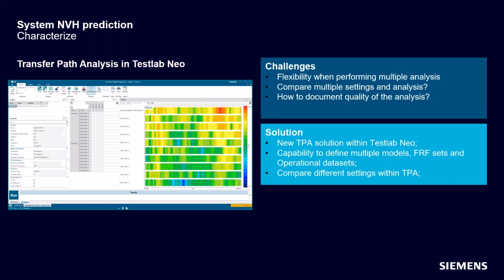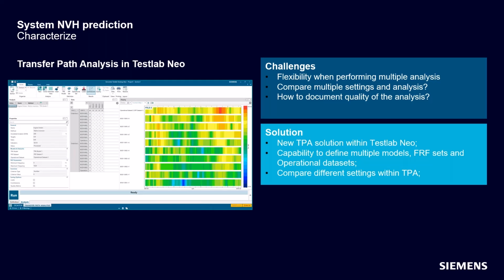It's just a little bit more involved and a little bit less convenient. And so that was a challenge. And then how do we document the quality of our analysis? For doing matrix inversion, there's some quality numbers we can calculate on how well that matrix is conditioned and the inversion process. We don't really keep track of those quality metrics, at least in previous versions.